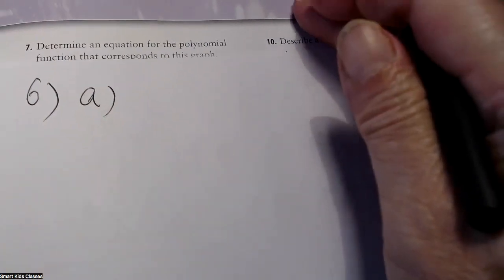Now, question 6. A quadratic function has zeros negative 1, 0, 3 for order 2. What is it asking? Write an equation for 2 distinct functions that satisfy the description. So we're going to write it here.